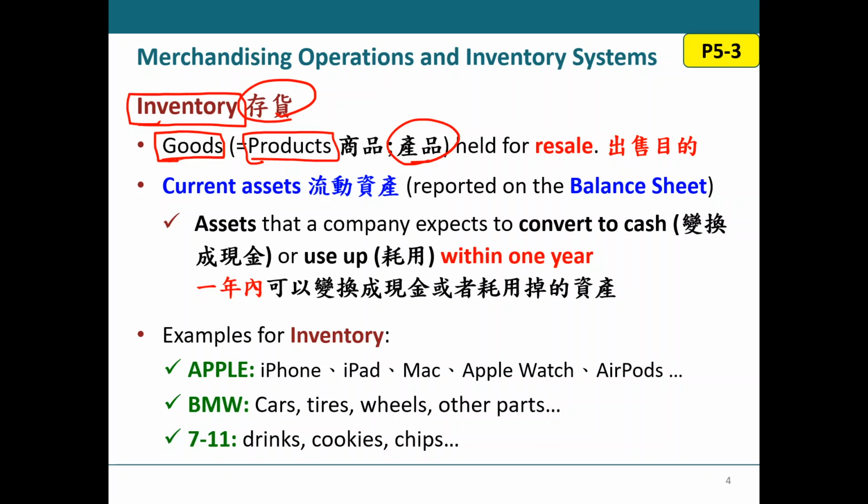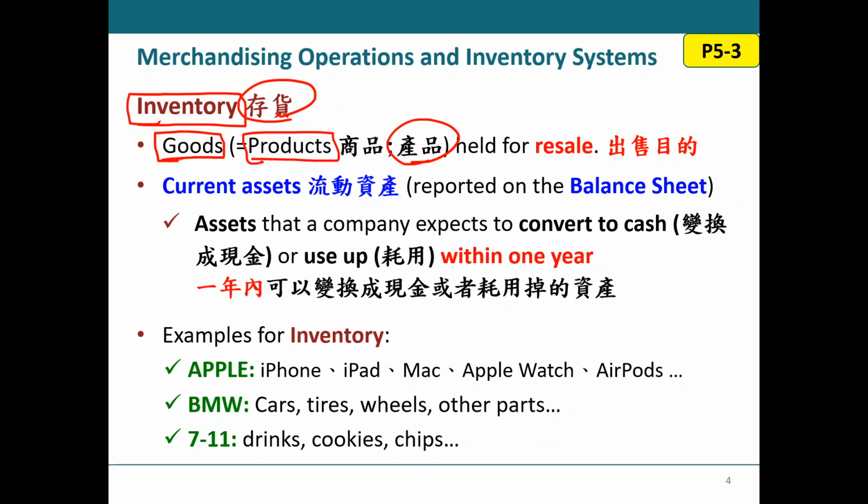When you go to 7-Eleven or FamilyMart, what products do they have? Drinks, cookies, chips, right? All of these are their inventory products. But think about it: when you have inventory products, what's your purpose? To keep the inventory products?